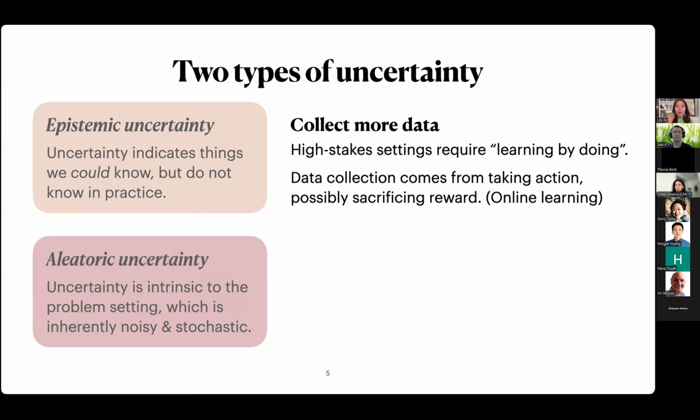So, for example, in the example of the transmission towers, if we don't know whether or not a specific tower is at risk of failure, we'll have to send somebody out there to do an inspection. And doing an inspection means that the trade-off is we could have instead sent that person to go maintain a tower that we already know is in need of maintenance, for example.